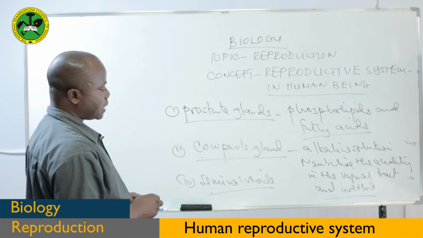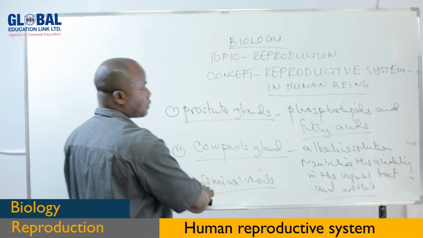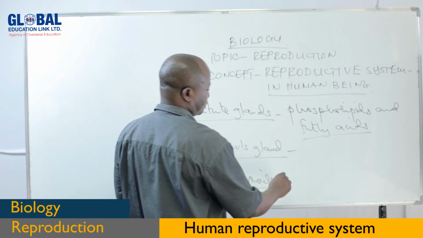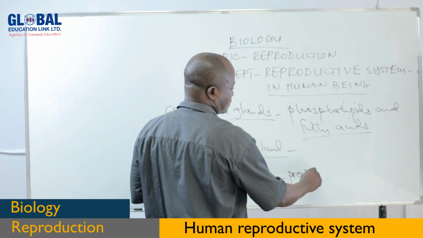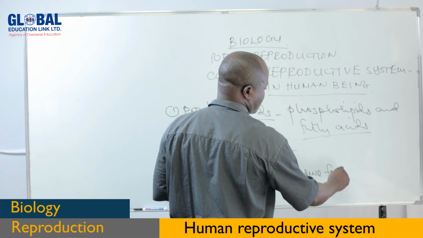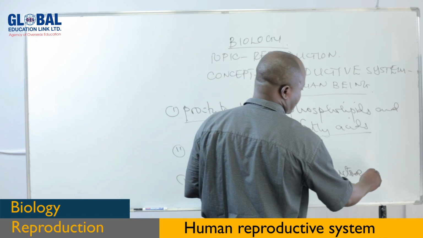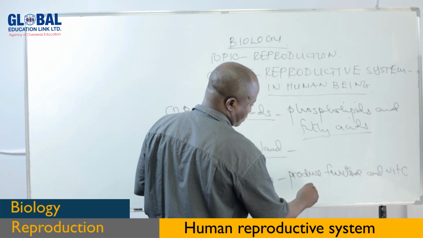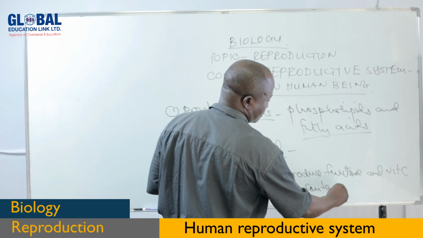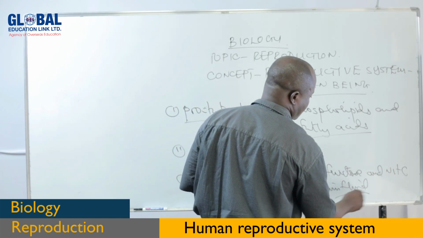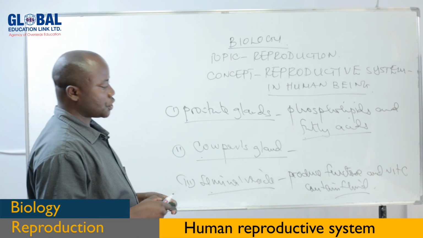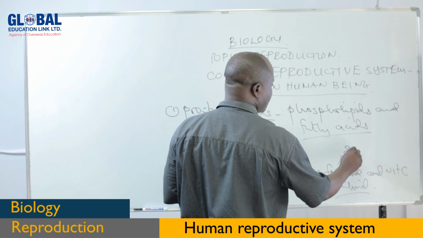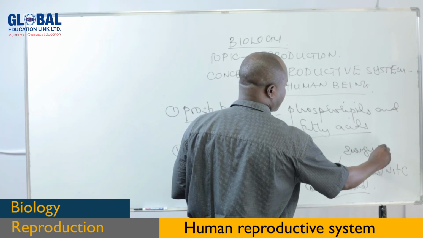Like other accessory glands, the seminal vesicle produces the fluid containing fructose and vitamin C. This is there for nourishment to the spermatozoa, particularly the fructose is used for energy production.